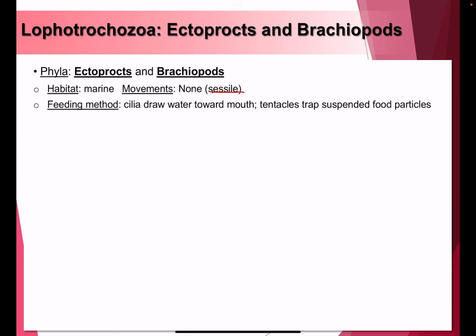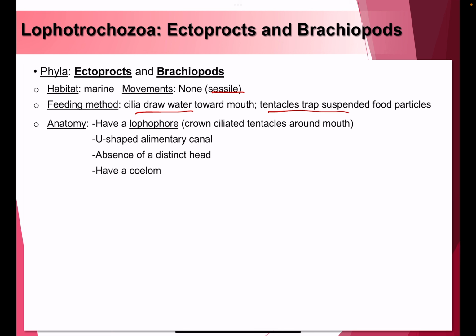If they can't move, they are usually just sitting there, either with tentacles that can trap suspended food particles, and then they have cilia that can draw water towards the mouth. So either way, either you just sit there and allow water to come through the mouth, just like your sponge and other creatures we've talked about, or you have kind of like hydras, in which they have tentacles that can grab the prey and put them into their mouth.